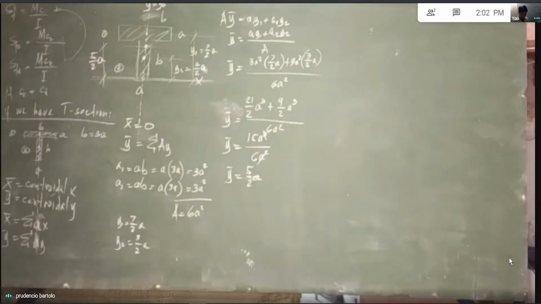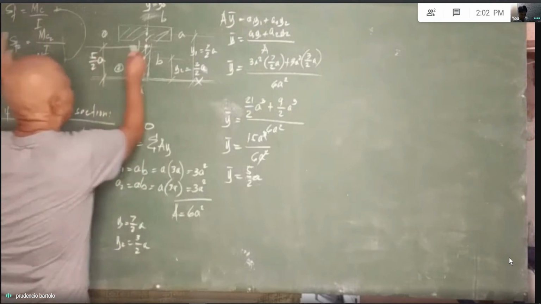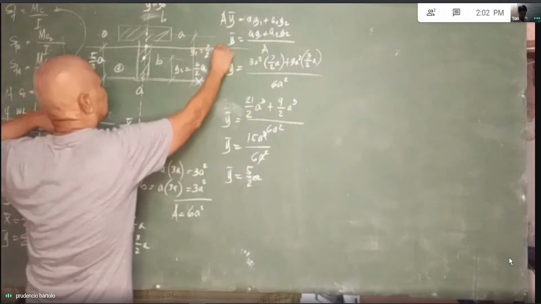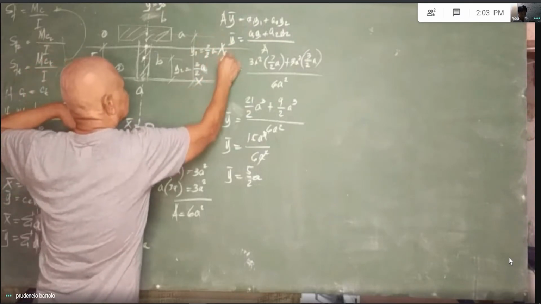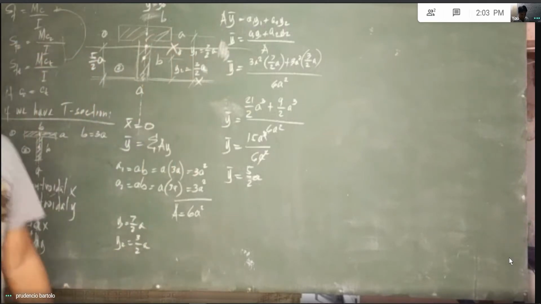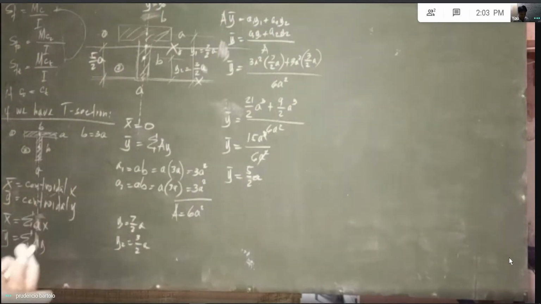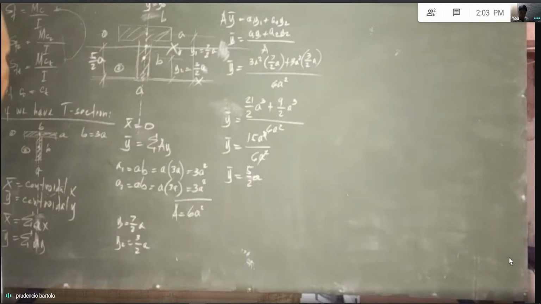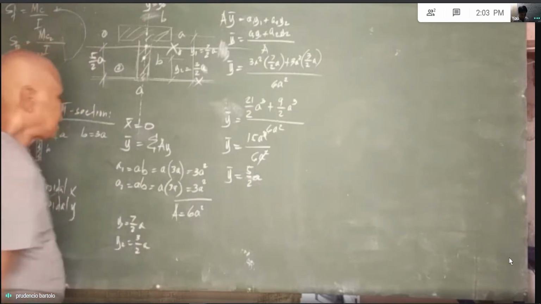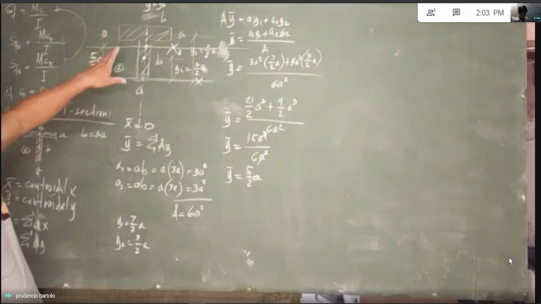If we project a horizontal line passing through that point, we will say that this is our X sub O, or centroidal X. So we have already established the centroidal X. Having now the centroidal X, we can now take the moment of inertia about the centroidal X.